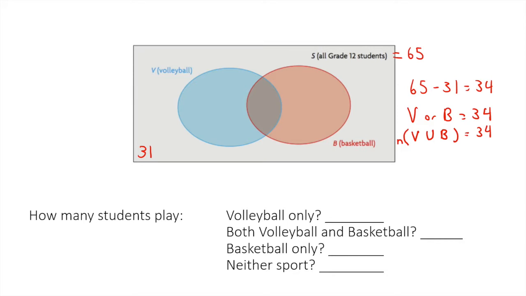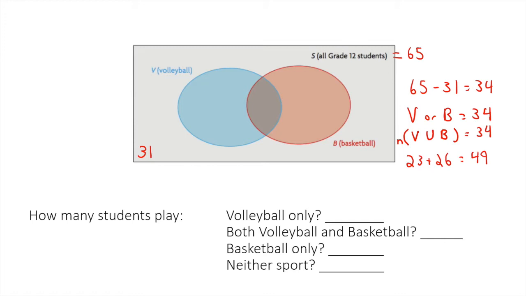So there's a problem. You can see that with the number that we have, 23 that play volleyball and 26 that play basketball, well, if we do 23 plus 26, we end up with 49 students. Now, that doesn't make sense because we're understanding that only 34 students play volleyball or basketball. Well, where is this number coming from?